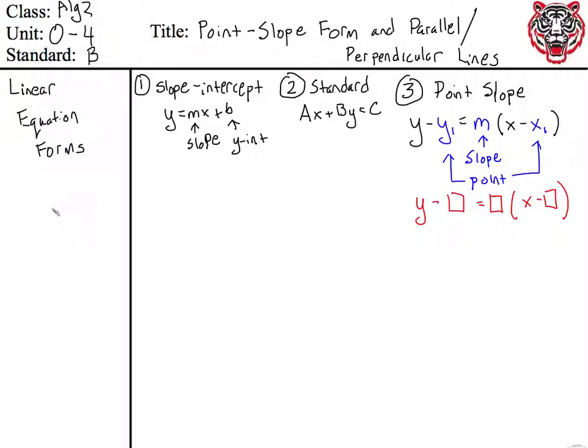All right, so how do we use this guy? Using point slope form. I should have a hyphen here too. Point-slope form. All right, here we go. Let's do an example. Here would be like a question that you might see.